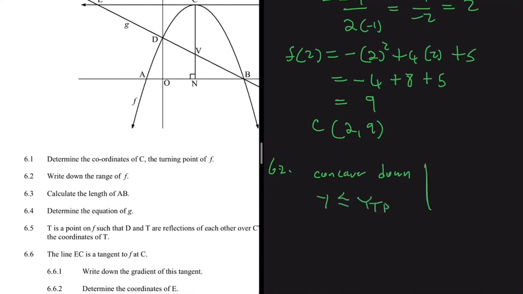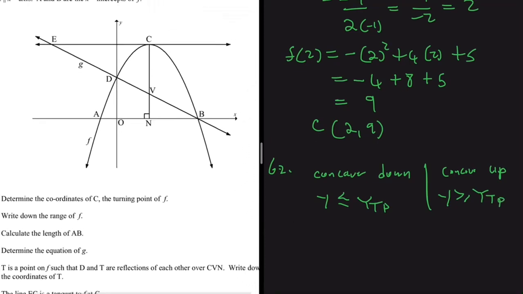And then if it's concave up, we have y being greater than or equal to the y of the turning point. Clearly our parabola is concave down, right? It is ultimately going down. The values of y are ultimately going down. So we have y being less than or equal to the y value of the turning point.